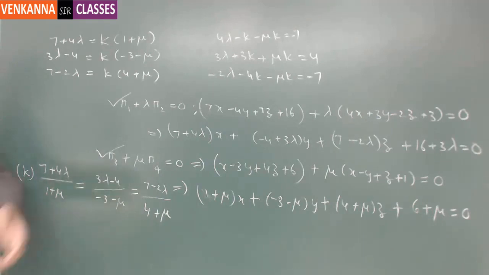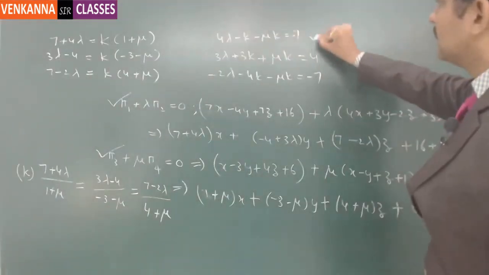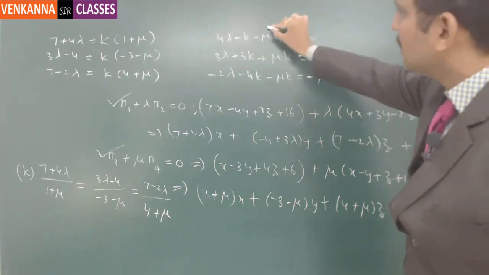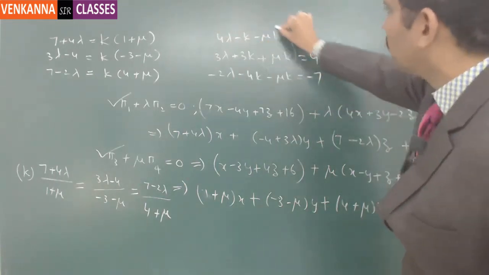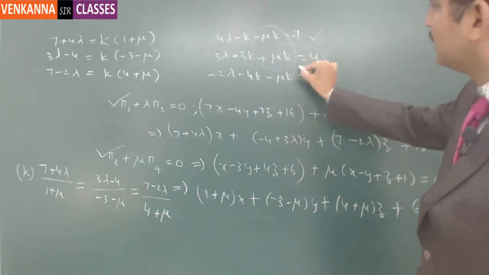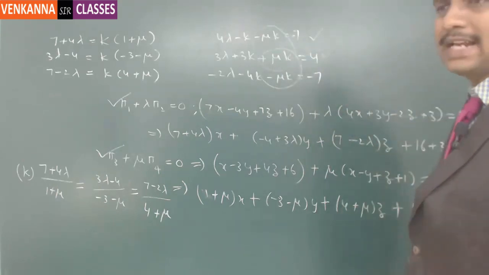All right. You can compare the constants also, that also you can do. Now what happens? Let us take the first 2 equations. If you add them, the common variable μk gets cancelled. Again, if you add these 2, the product variable μk gets cancelled.